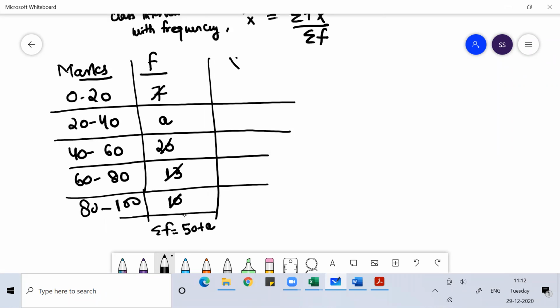Then you can find the midpoints: 10, 30, 50, 70, and 90.